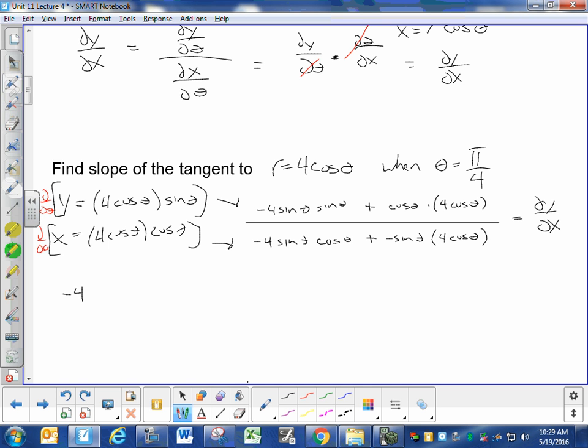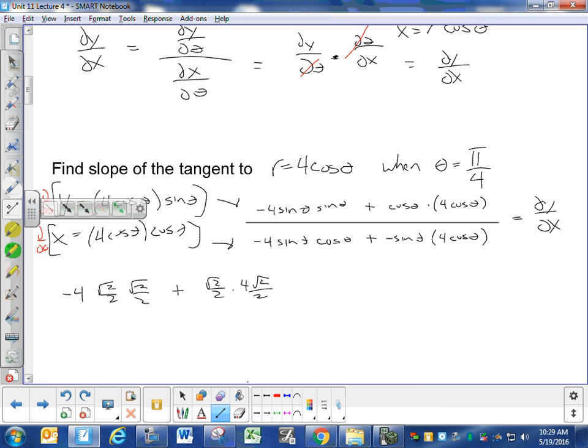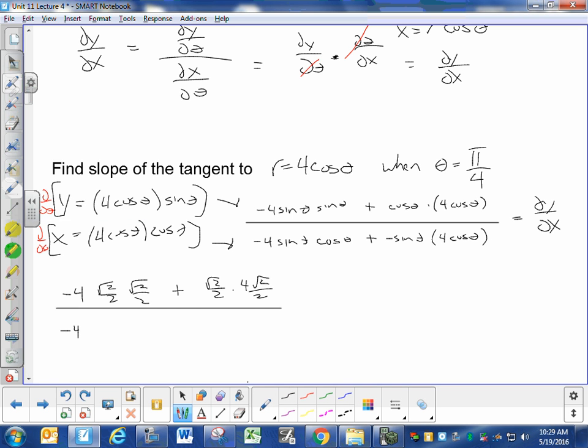We'll have negative 4 times root 2 over 2 times root 2 over 2 plus root 2 over 2 times 4 root 2 over 2, divided by negative 4 root 2 over 2 root 2 over 2 plus negative root 2 over 2 times 4 root 2 over 2. Everything in the top ends up canceling, just giving you 0.